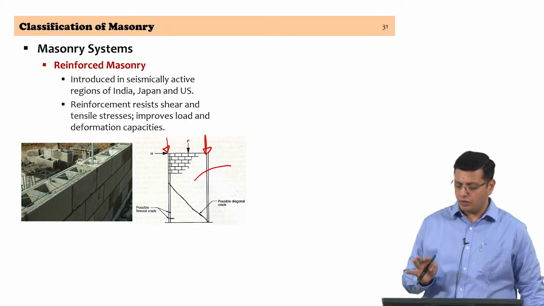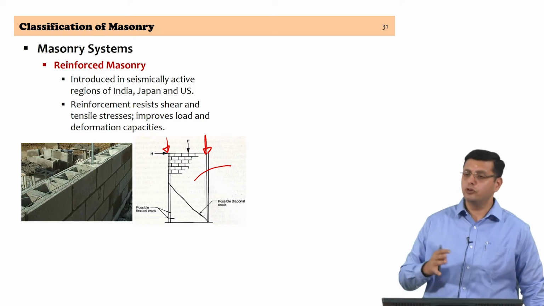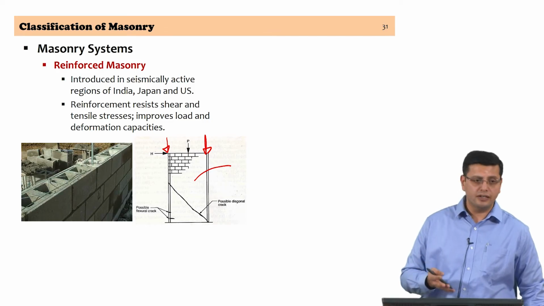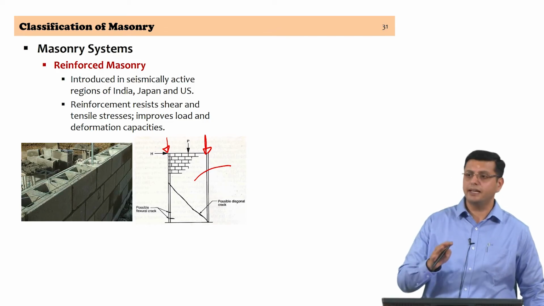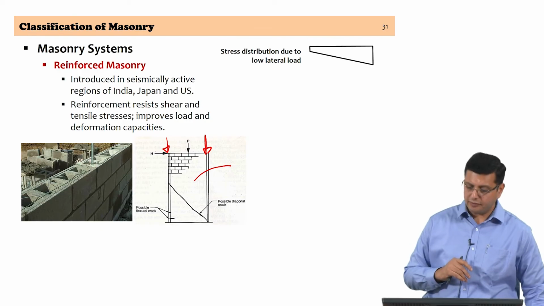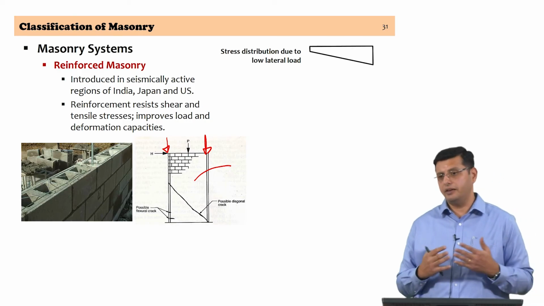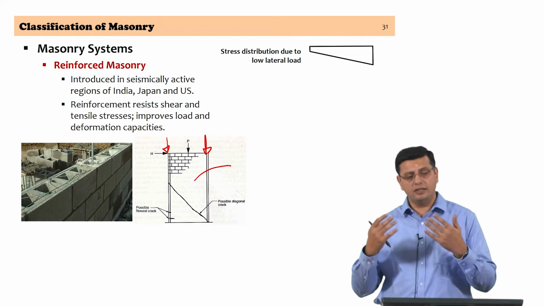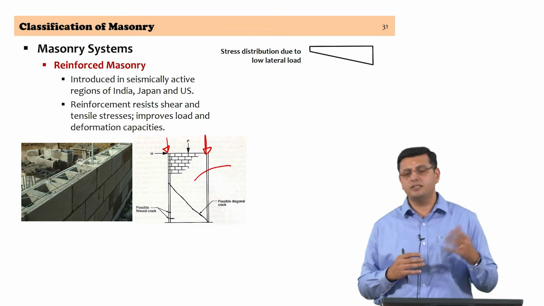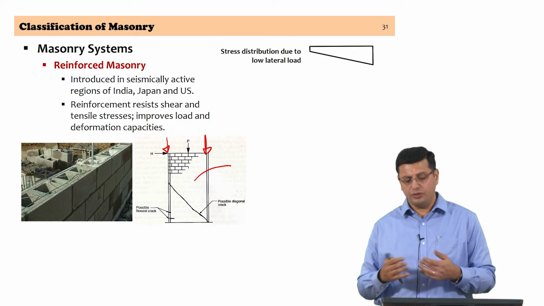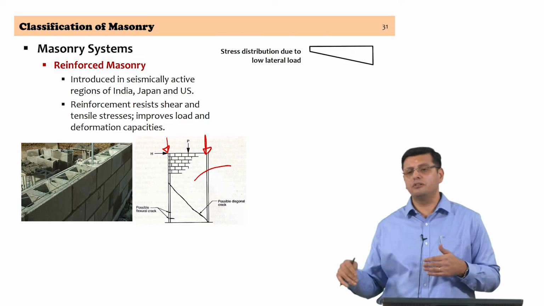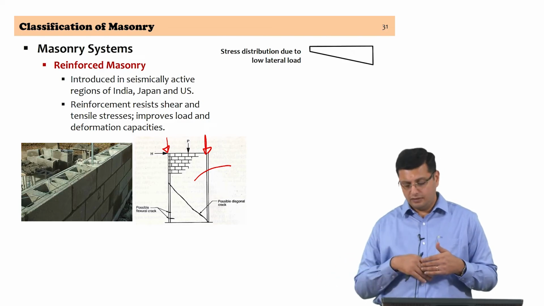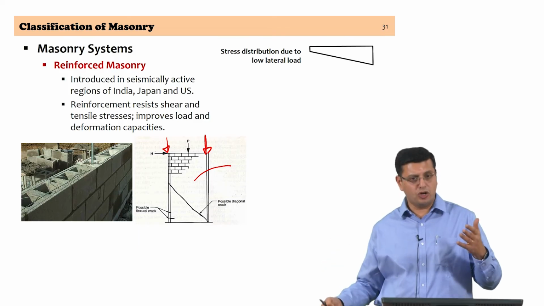So, conceptually the way reinforced masonry systems work is very similar to how reinforced concrete systems will work from a design and analysis perspective. So, if you take a masonry wall that is subjected to both gravity forces and lateral forces, the distribution of resultant compression is non-uniform.